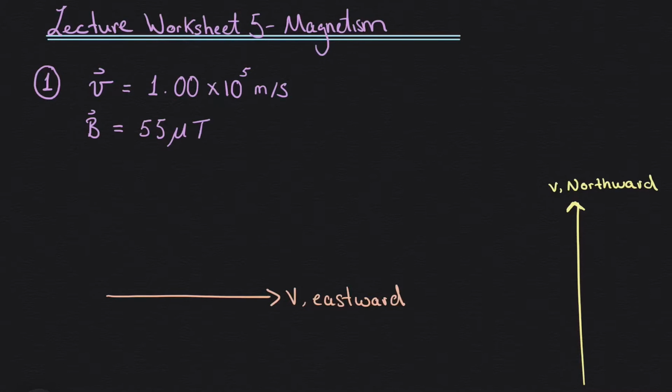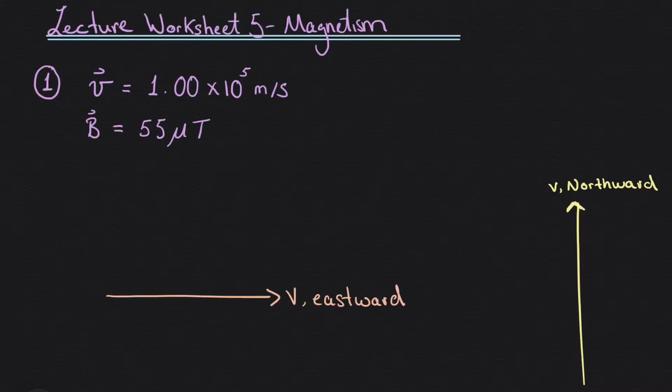So when the proton moves eastward, the magnetic force acting on it is directed straight upward. And when it moves northward, there is no magnetic force that acts on it.